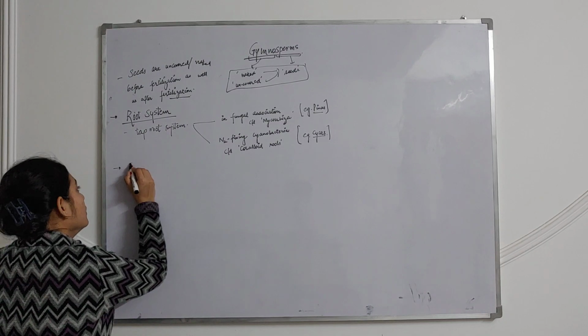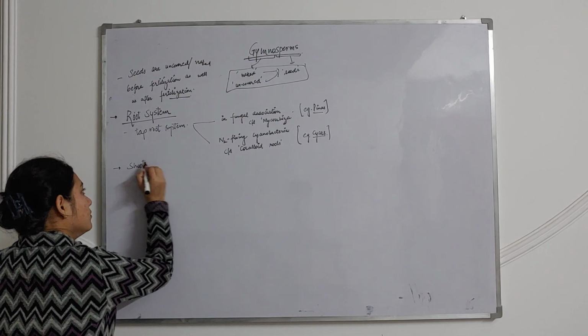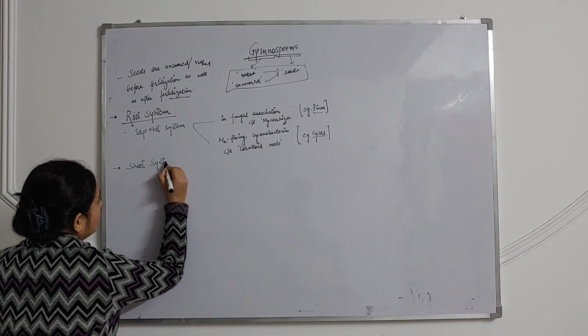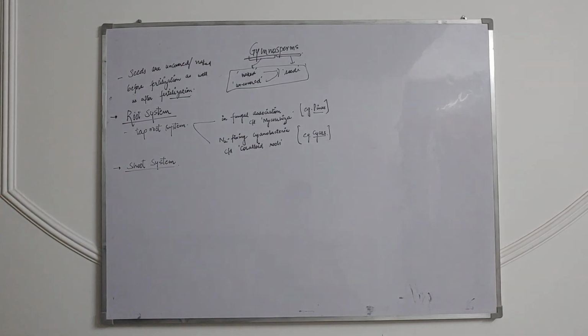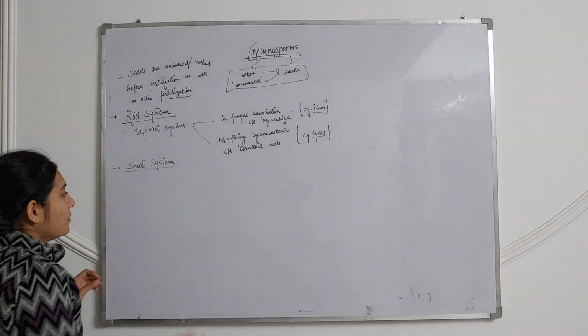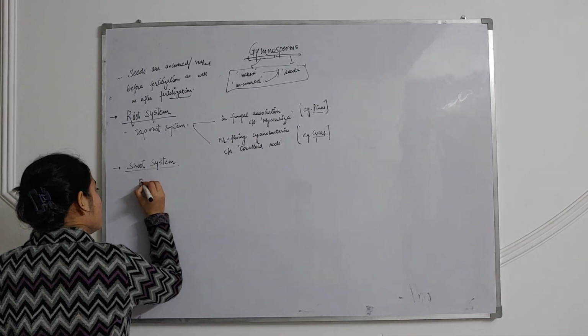Next is the shoot system. Shoot can be of both types, branched or unbranched.